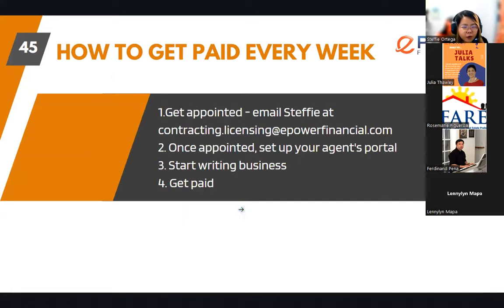We process the payment every Wednesday. If we receive the commission on a Wednesday and get it processed, you'll receive your commission on Friday. But if we receive it on a Thursday or a Friday, you'll get your commission paid the next Friday.